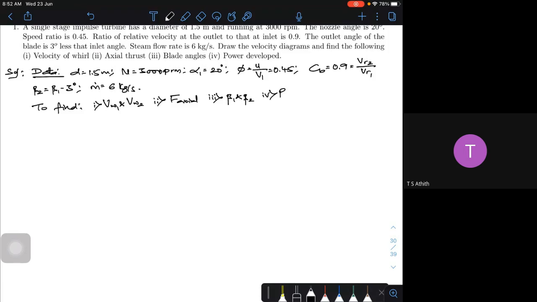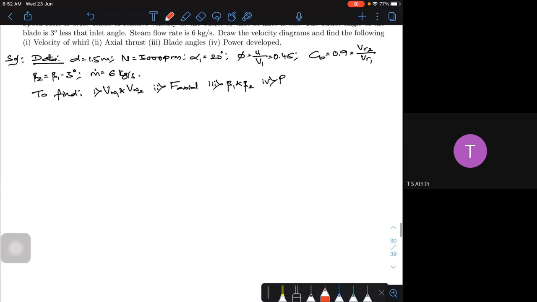Now let us try to draw the velocity triangle first. If you want to draw the velocity triangle, let's go with the combined velocity triangle. Why the combined velocity triangle? It's better, because we'll be able to see both the inlet as well as the outlet velocity triangles in one particular structure.